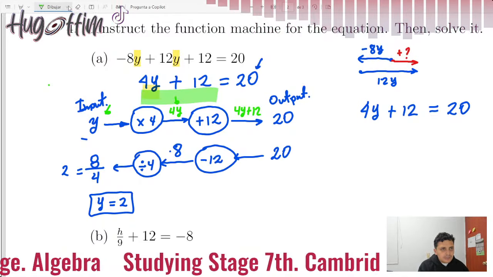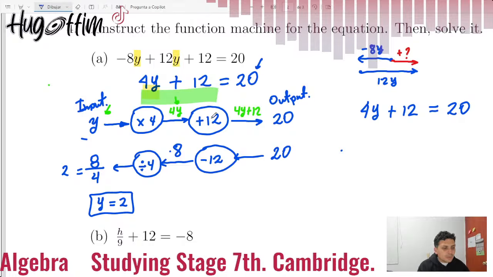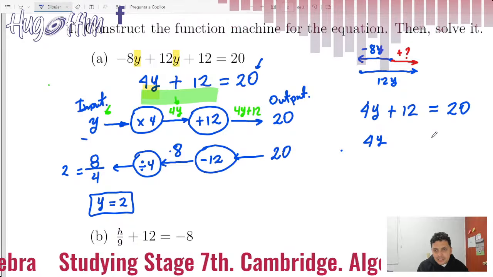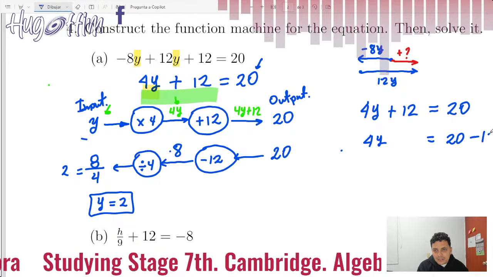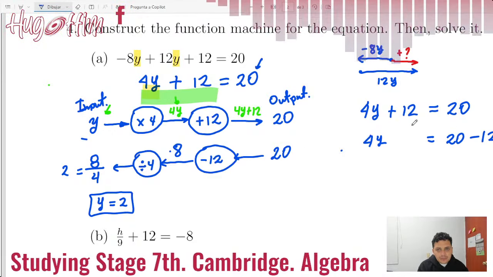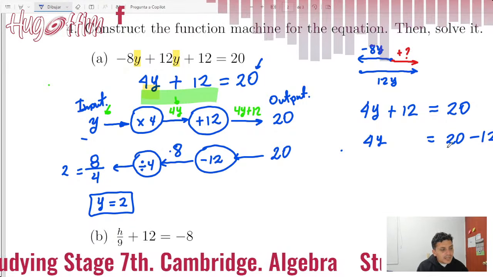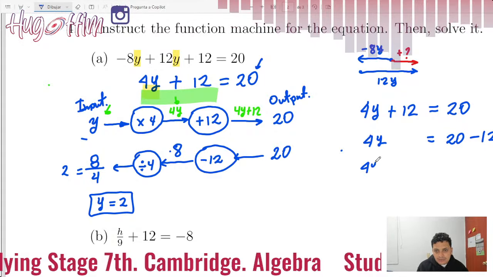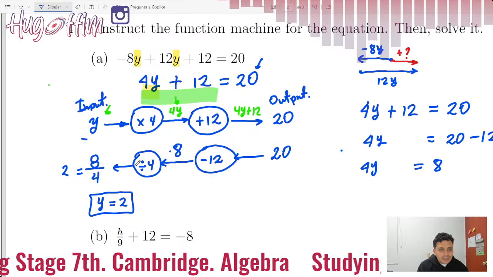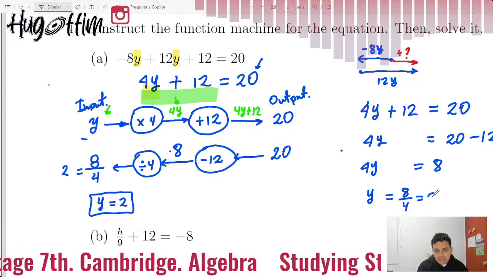So if I apply the inverse operation of adding, that is subtraction, I can observe that 4y is going to be equal to 20 minus 12. This is what I'm doing here, applying the inverse operation to find out y. And after I got 20 minus 12, that is going to be 8, 4y equals 8. So now I'm going to do the inverse operation of 4y to get y, that is divided by 4. So divided by 4 is going to be 8 over 4, that is going to be 2.